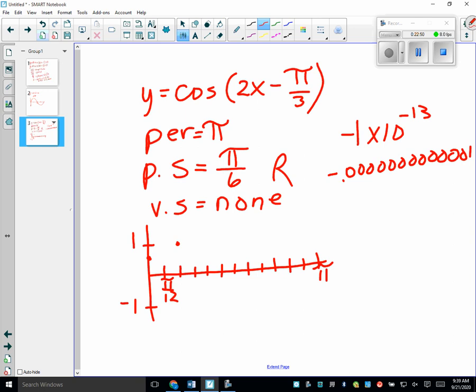I don't even think I can mark that below the line. What happens is your calculator carries it so far out. Anytime you have a number times 10 to the negative whatever, that's 0. Your calculator just doesn't round it. So you said 5 pi over 12 and 0, right?